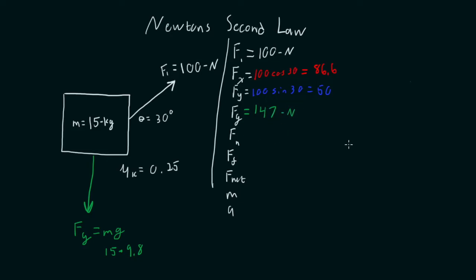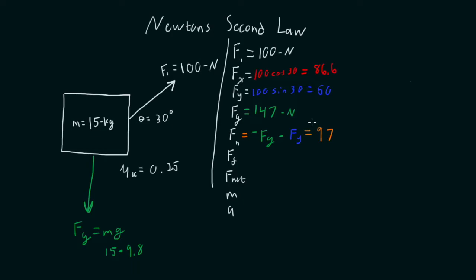Great. And then force normal. Remember, this is going to be my negative force of gravity minus my force in Y, which will give me 97.